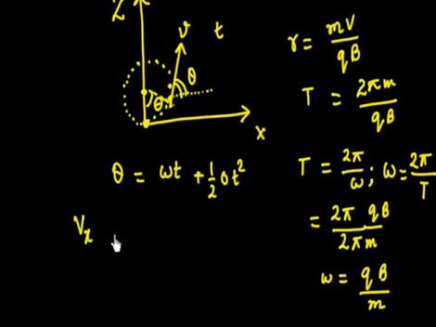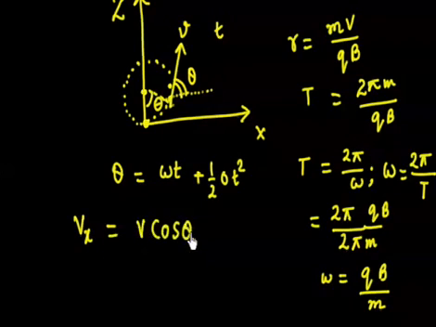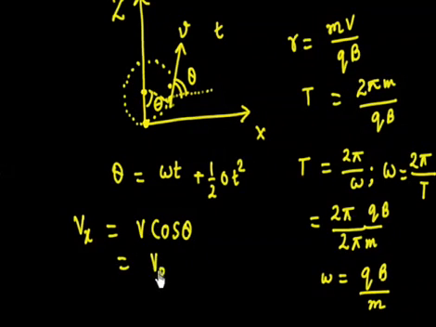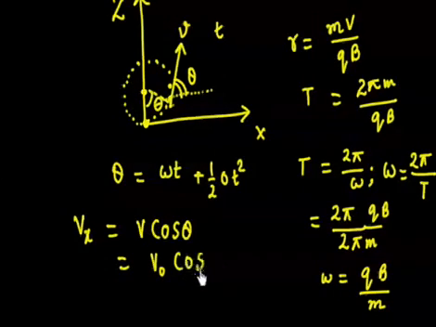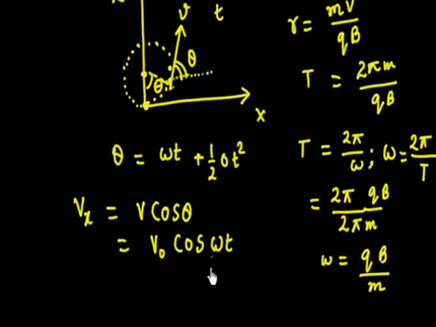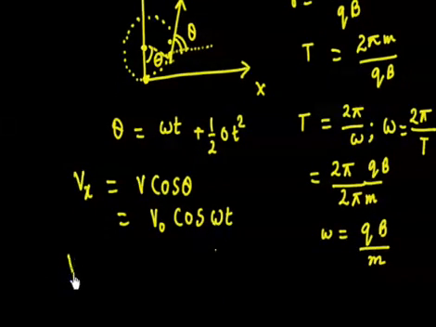So what is Vx? Vx is v cos theta. I know the initial velocity is v naught, and the velocity does not change, only the direction changes. So Vx is v naught cos theta, and theta is nothing but omega t, where omega is given by qB by m. So this is Vx. What is Vz?